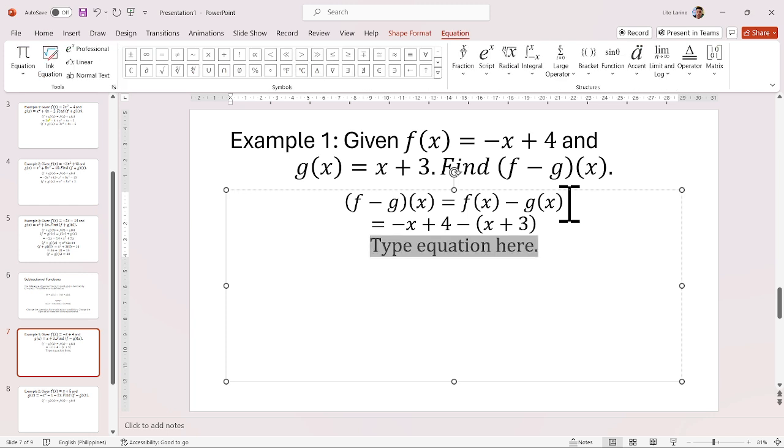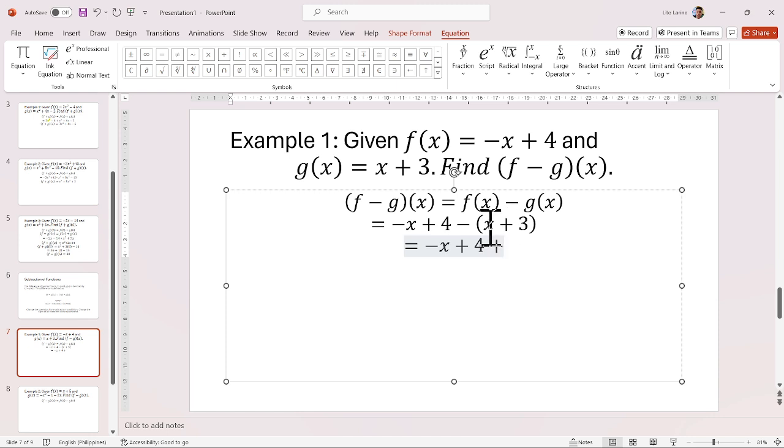So again, remember, we will keep the minuend as is, negative x plus 4, change subtraction to addition, and then change all the signs of your subtrahend, the signs of the terms.